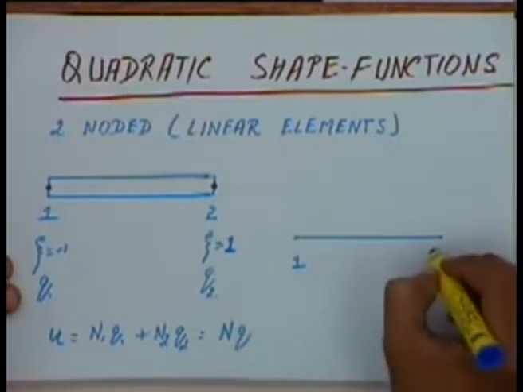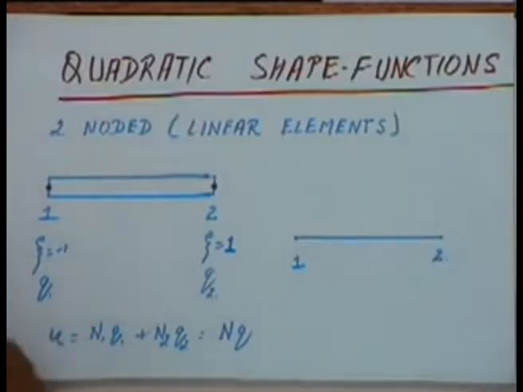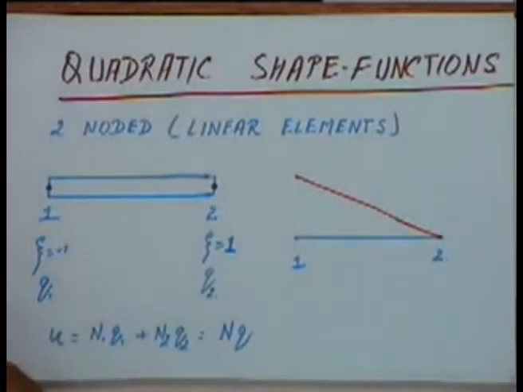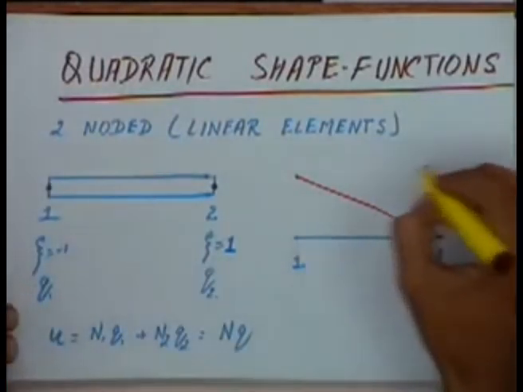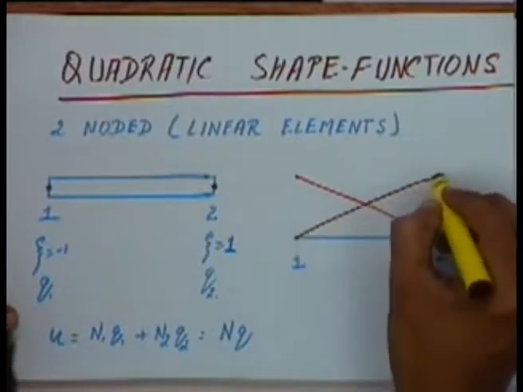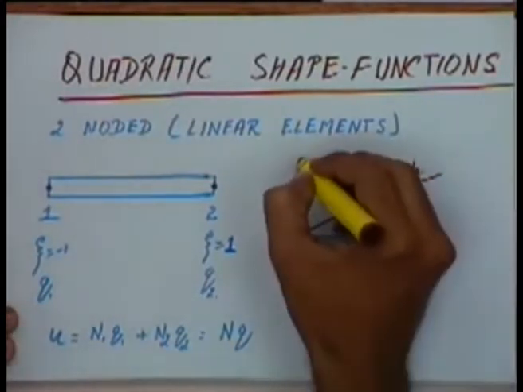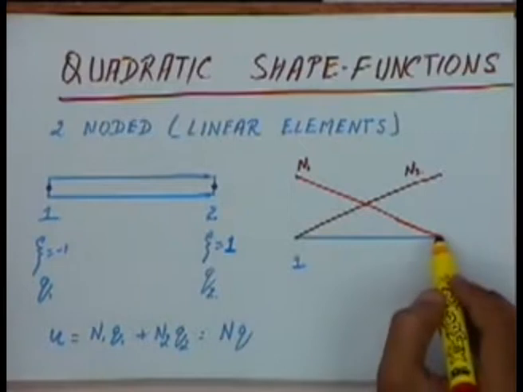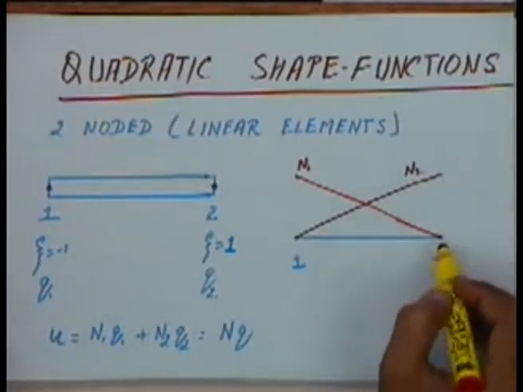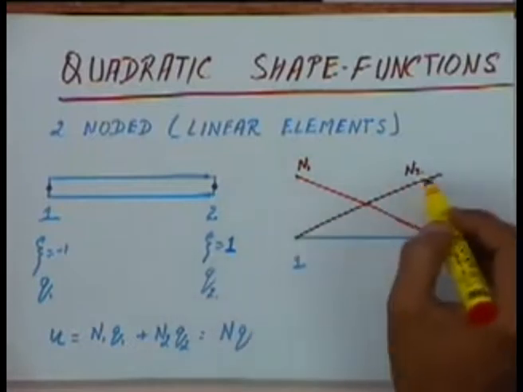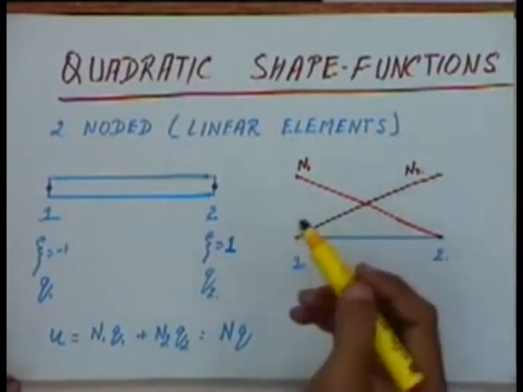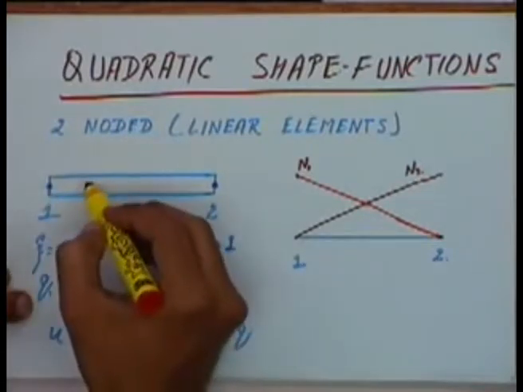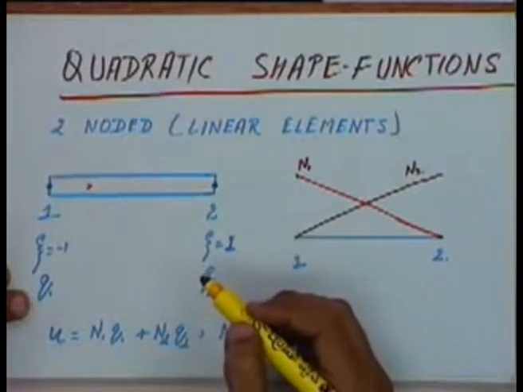This is point 1 and this is point 2, and if I draw n1, it looked something like this, and n2 will be like this. We said n1 will be 1 at node 1 and 0 at node 2, and n2 will be 1 at node 2 and 0 at node 1, where n1 and n2 are the shape functions, which are basically the weightages we are assigning to q1 and q2 to find out the deformation at any arbitrary point within the element.